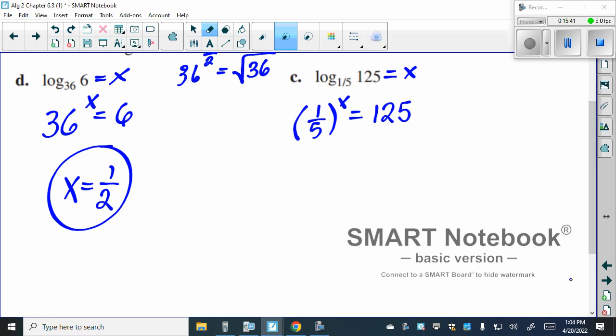Now, as we've seen a few times already, if we're going from a fraction to a whole number or a whole number to a fraction, we know whatever the exponent is has to be what? Negative, because if we have a negative exponent, it means we have to move it from the numerator to denominator or denominator to numerator. We have to flip it to take it from being negative to positive.